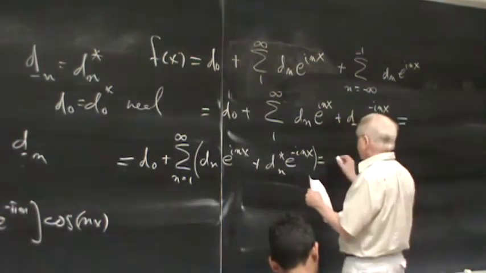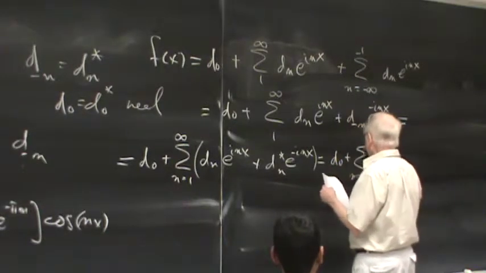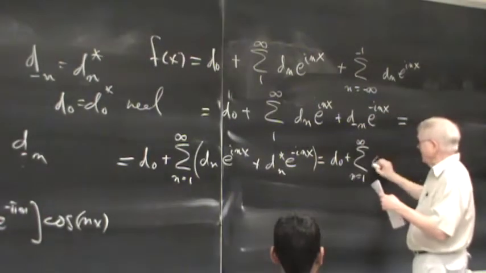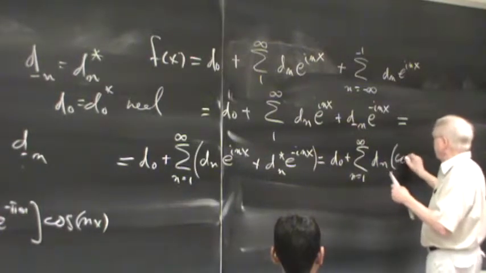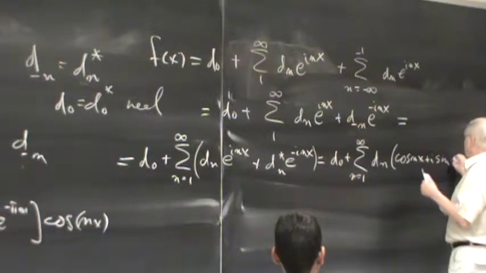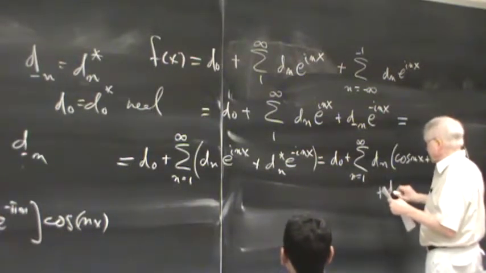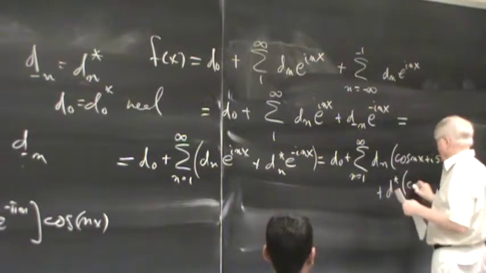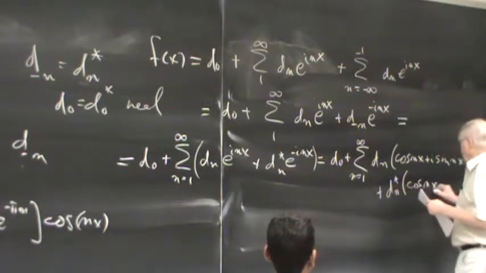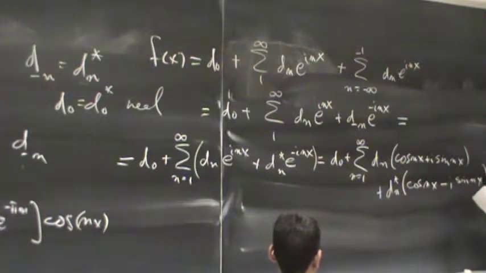And this is then d0 plus the sum n equals 1 to infinity of dn times cos nx plus i sine nx, plus dn star times cos nx minus i sine nx.